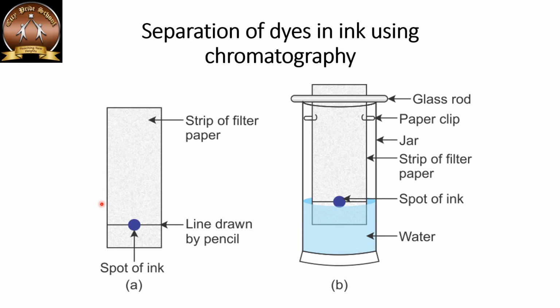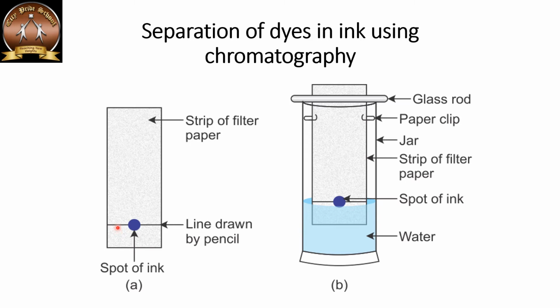Now you have to take a long strip of chromatographic sheet, and from one end you have to mark a line. This line should be at a minimum distance of 2 to 3 centimeters from the end of the strip, as you can see over here.